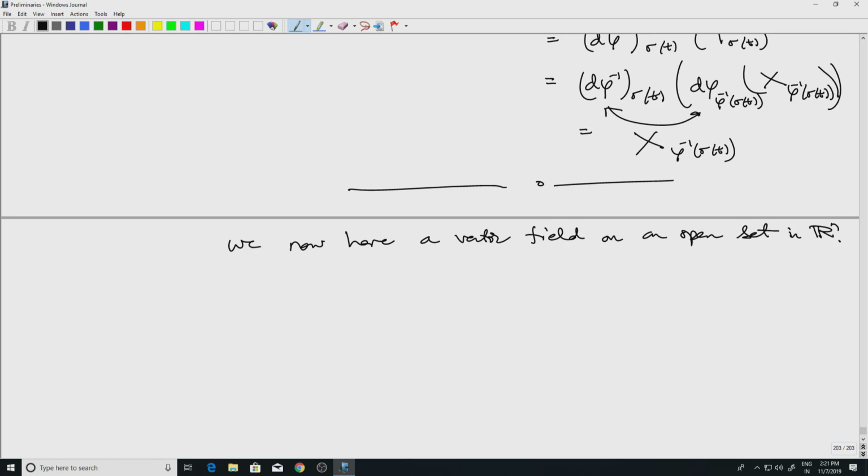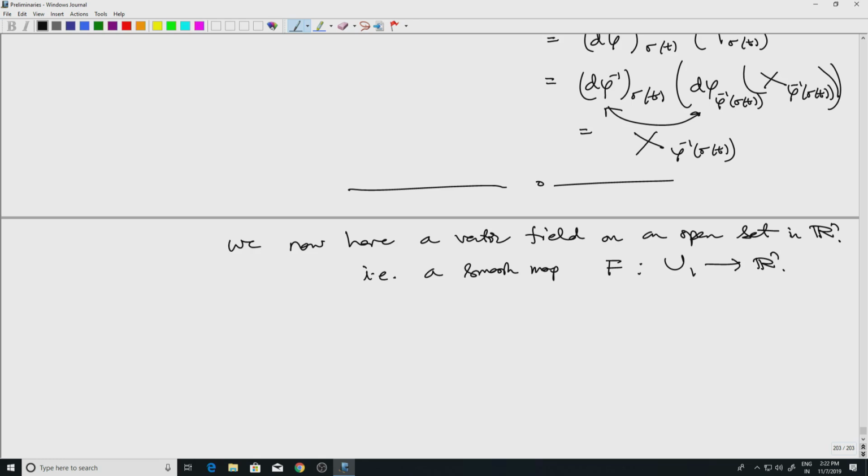As I pointed out last time, a vector field on an open set in Rn is the same thing as a smooth map capital F from U1 to Rn.